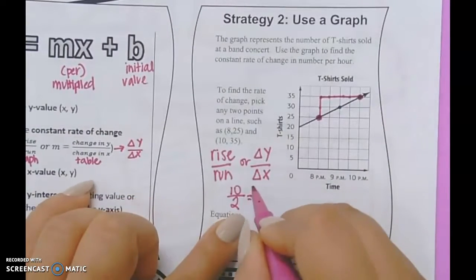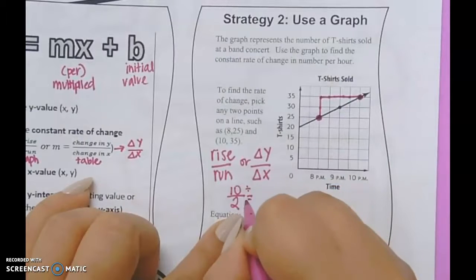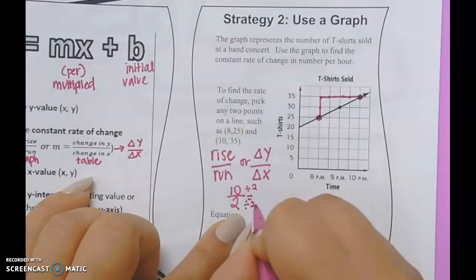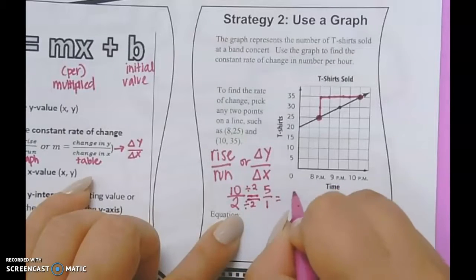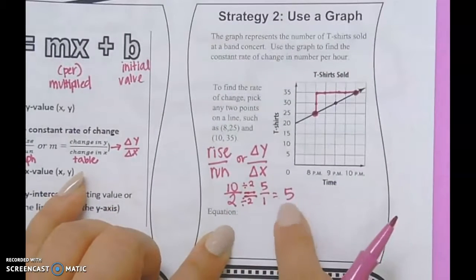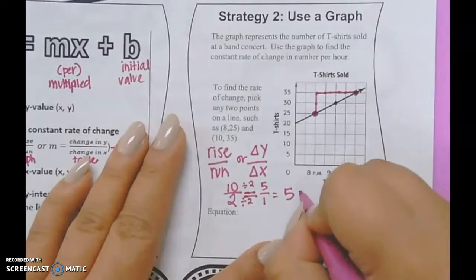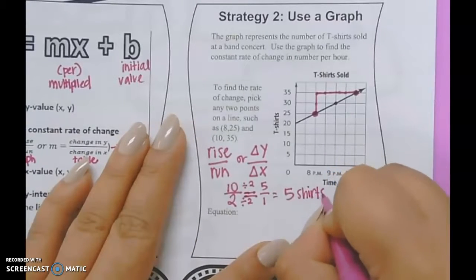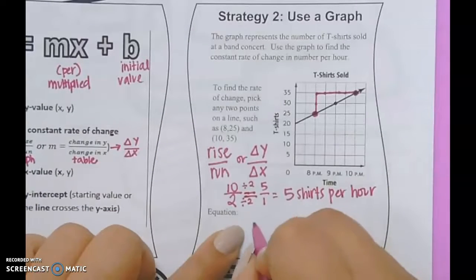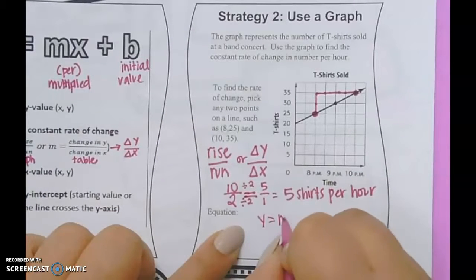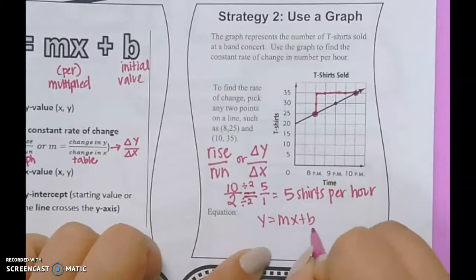This reduces, if I divide both by 2, I get 5 over 1, which is 5. So the rate of change is 5 shirts per hour. If we write that as an equation, we have the equation y equals mx plus b.